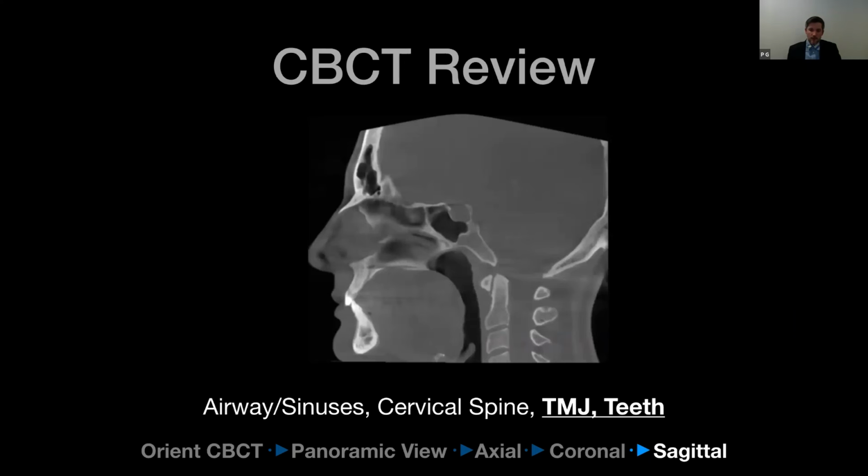I usually start in the condyle on one side, and then as I move across in the sagittal view to the opposite condyle, I'm looking at the apices of all of the teeth. I find the sagittal view to be the best for looking at the apices of teeth, as well as the condyles.